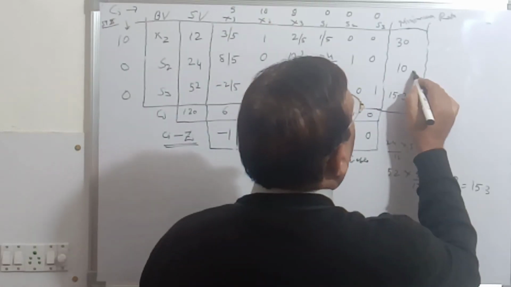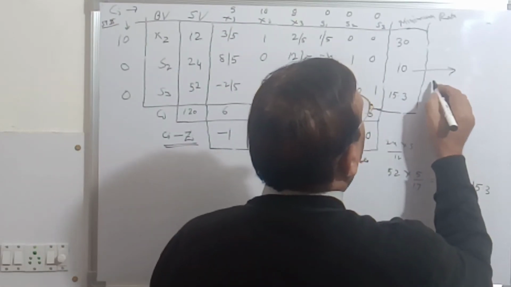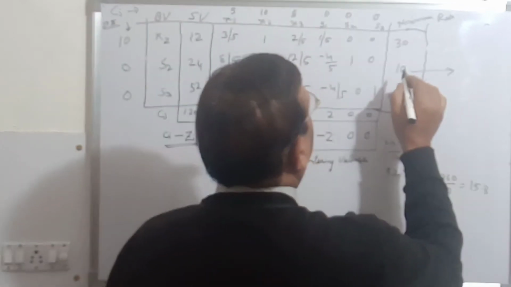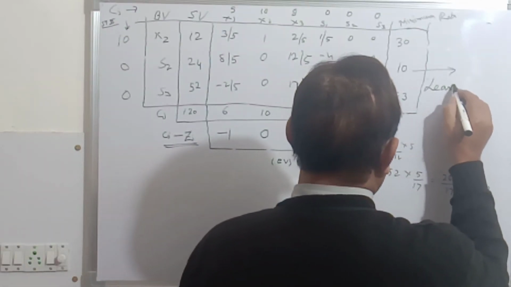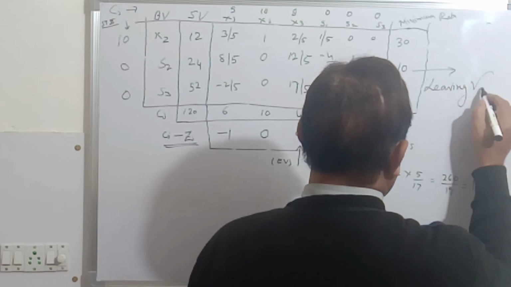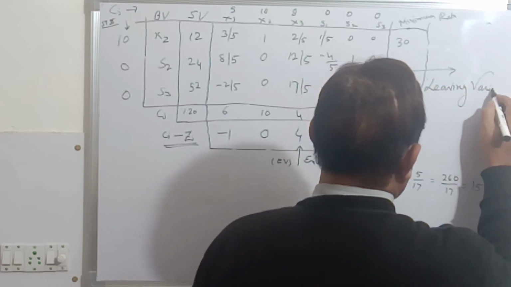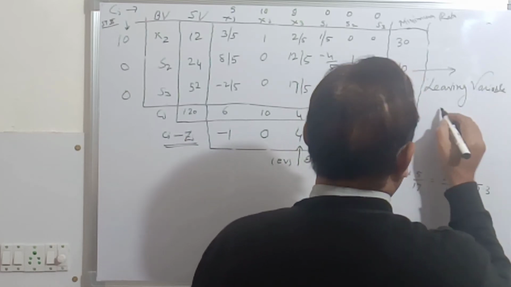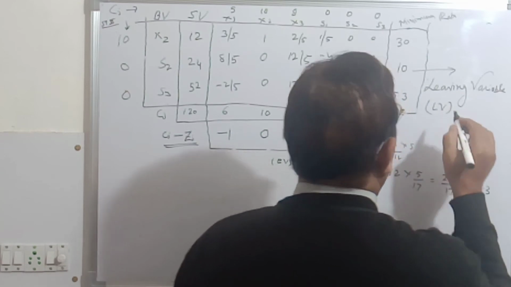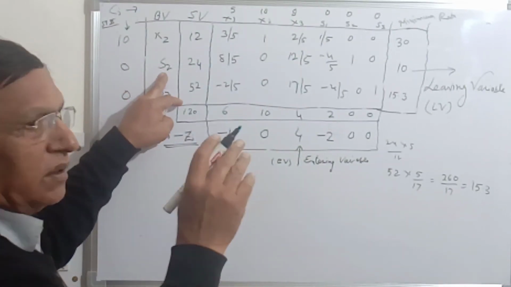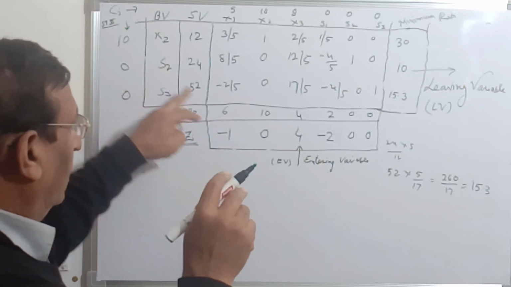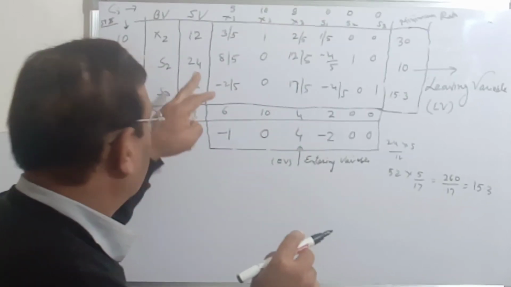So this is minimum, and this minimum is indicating the leaving variable. It means S2 will leave the table and X3 will enter.